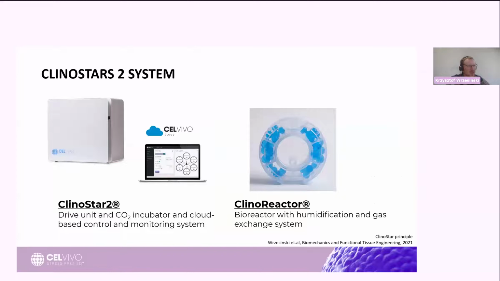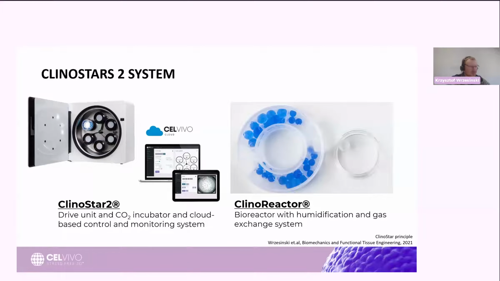But coming back to the technology, we have recently launched a new ClinoStar 2, which Riham was mentioning, that you can be lucky to get for a year in your lab. But what is the ClinoStar 2 system? It's a new system based on cloud control. So we can control, record and monitor all aspects of the culture via a cloud system, so it's remote.